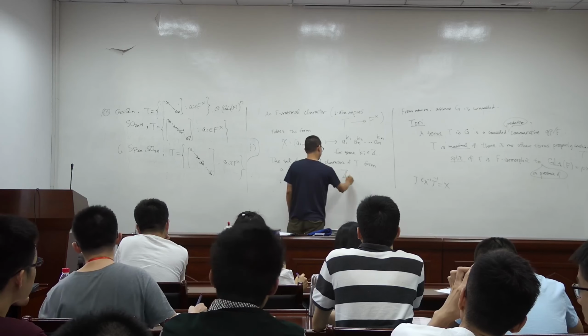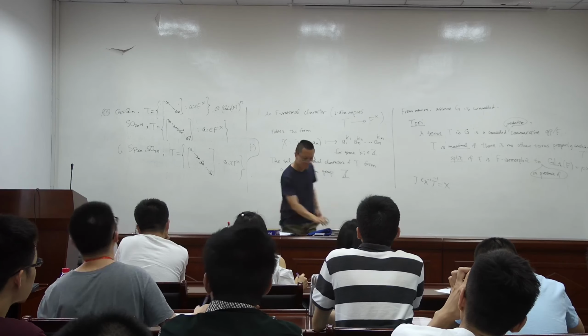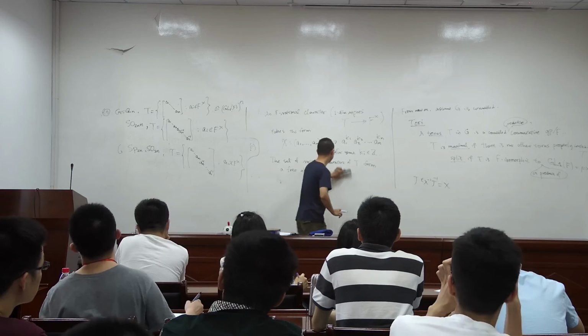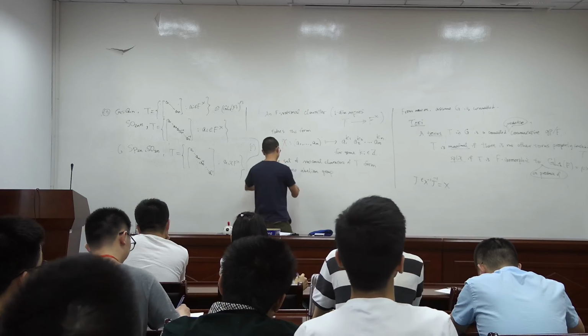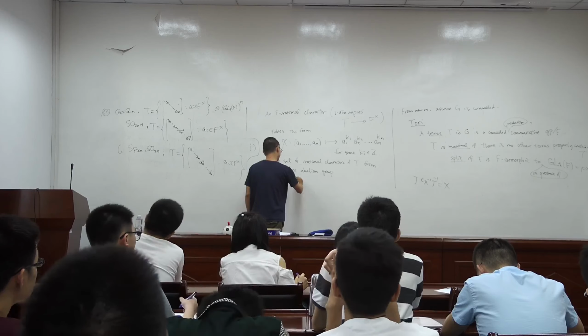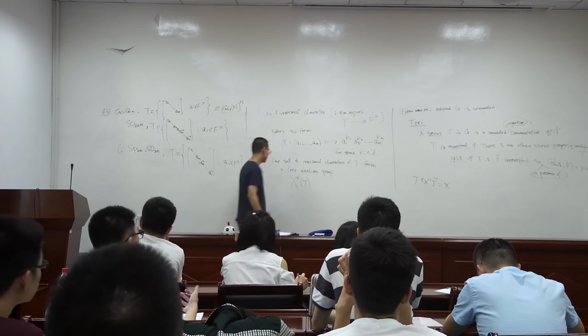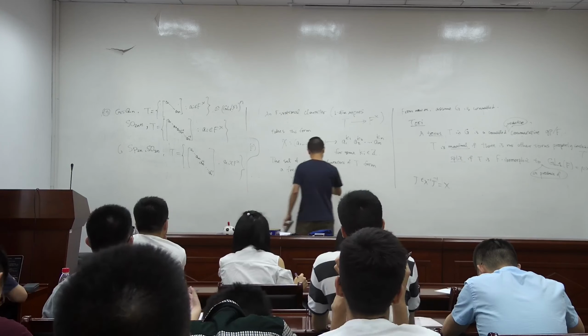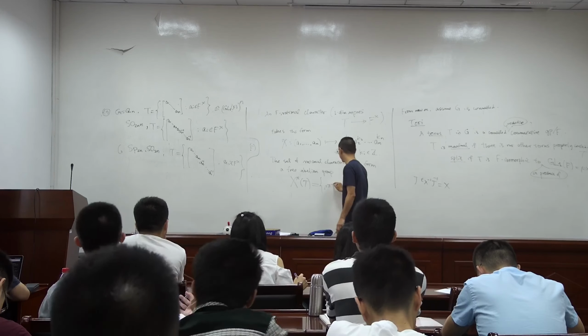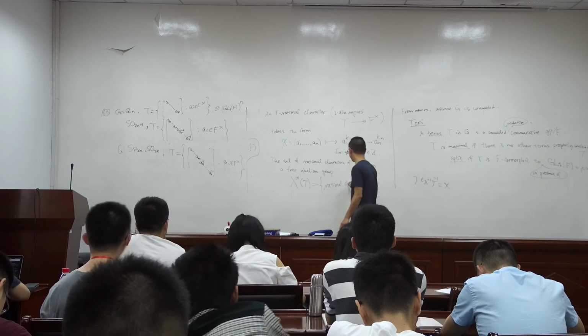Well, I divide it this way. This X star T is the notation for the set of rational characters.